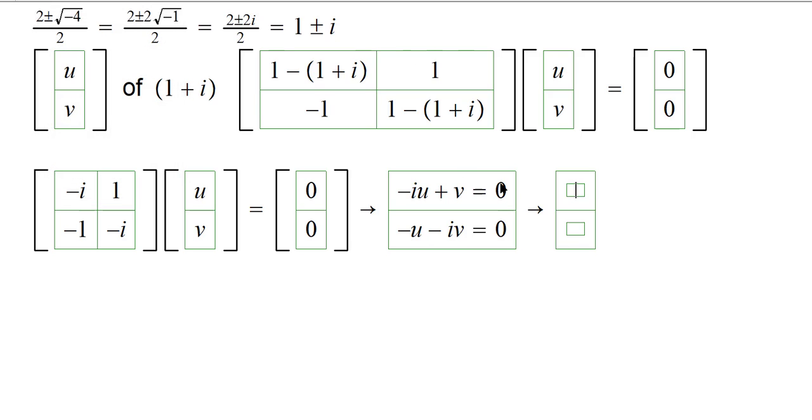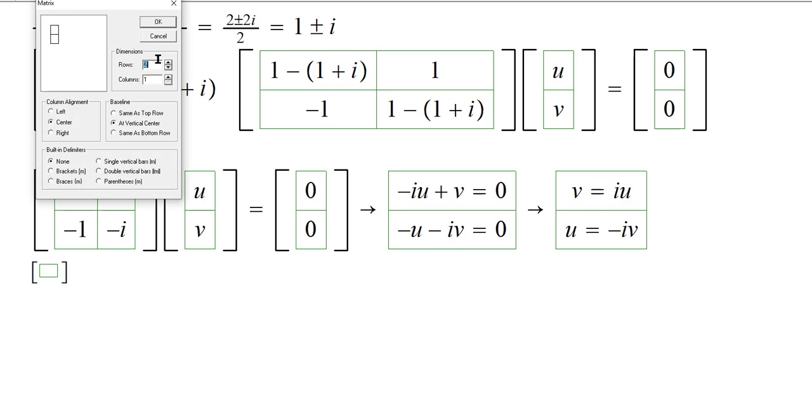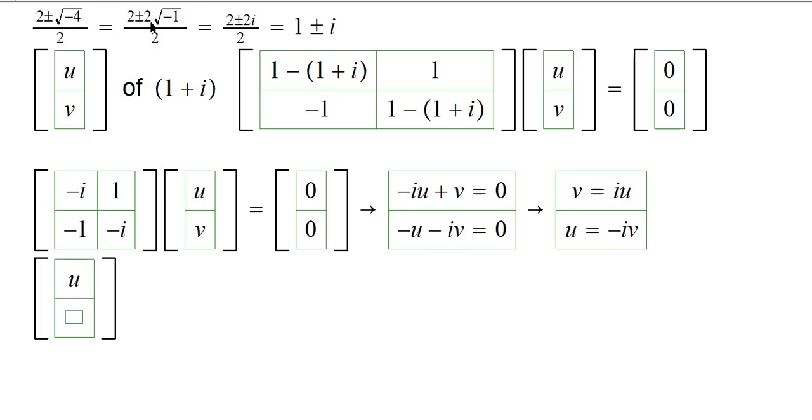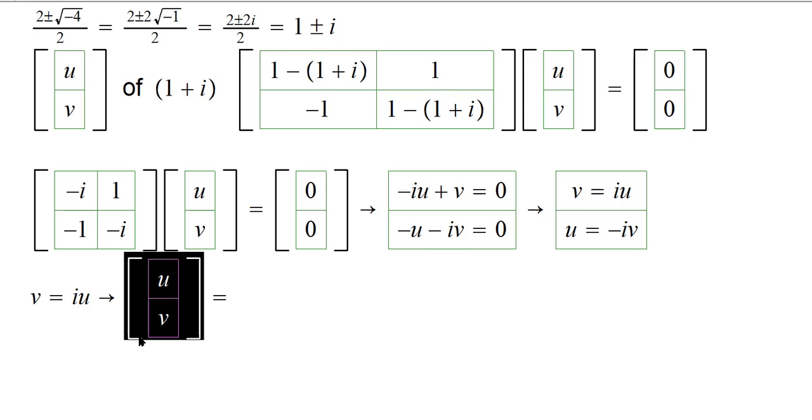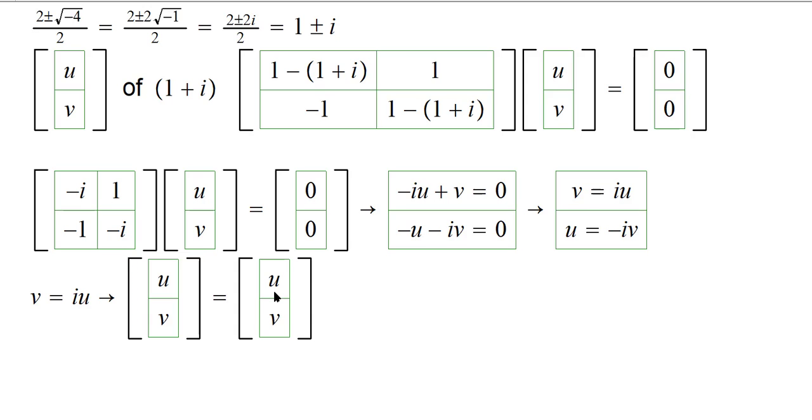The first one will give V is IU, and here you will get U as negative IV. If we look at this vector UV according to the first equation, we get UV, so according to this relationship, what this becomes is U, then IU on the bottom.